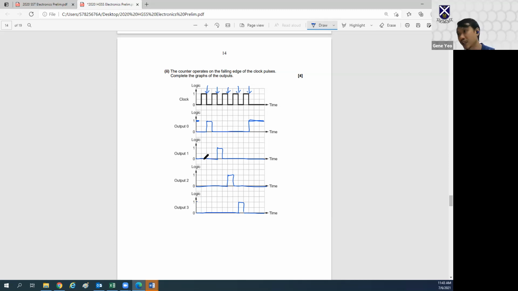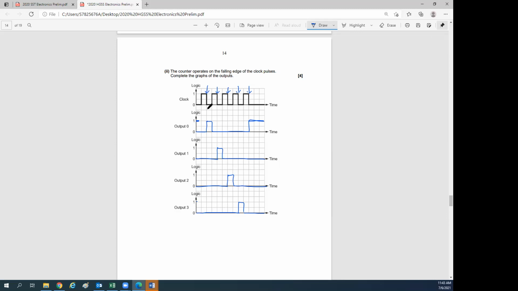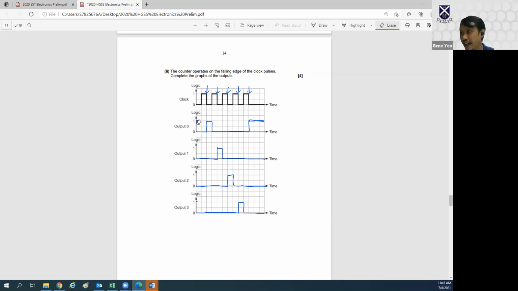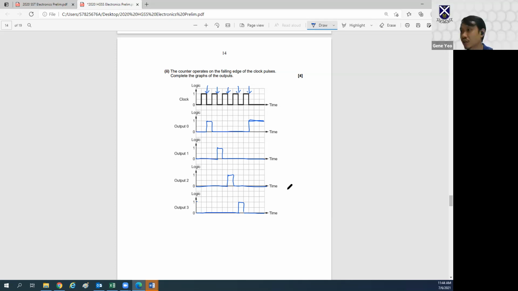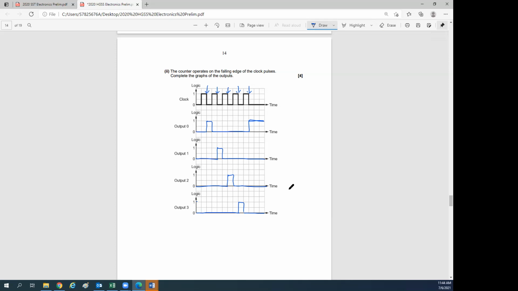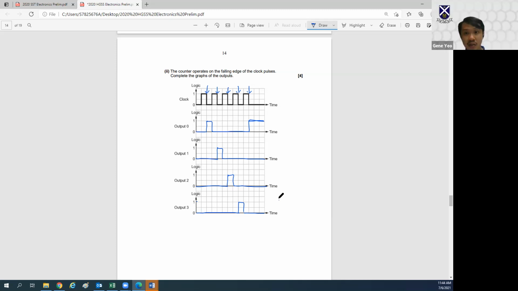But I'm just going to assume that this is when the circuit powers on, when the first falling edge occurs. That's my assumption. Okay. Good questions all. Any others? I don't see any more hands raised.